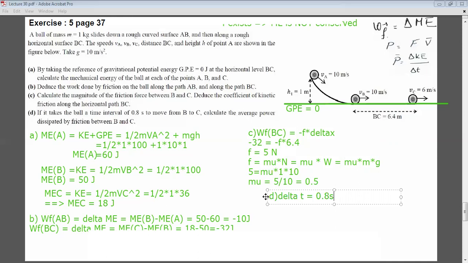So we need to use the work done by friction from B to C. It is minus 32. So the power will be this work divided by delta time, which is 32 divided by 0.8, and this will give me 4 watts.